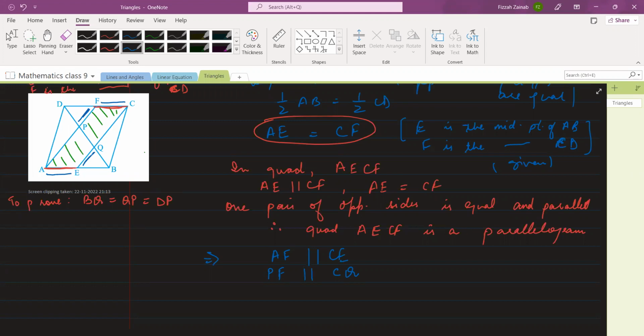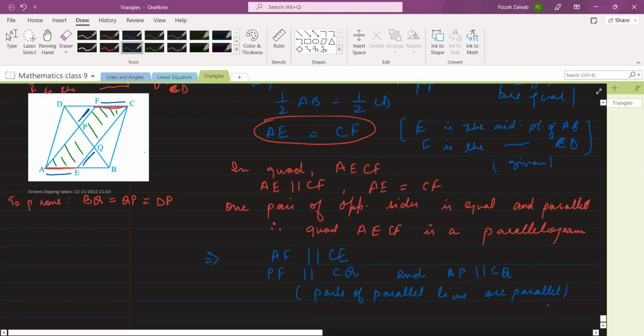Is that clear? And also the other part will be parallel. The remaining part AP will be parallel to EQ. You can write in brackets that parts of parallel lines are parallel. Is that clear? So now this part is parallel to this part. This much we have got in this figure.